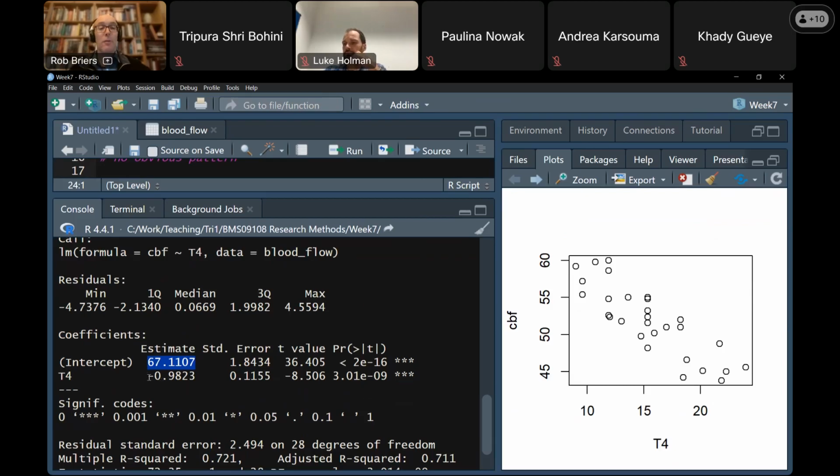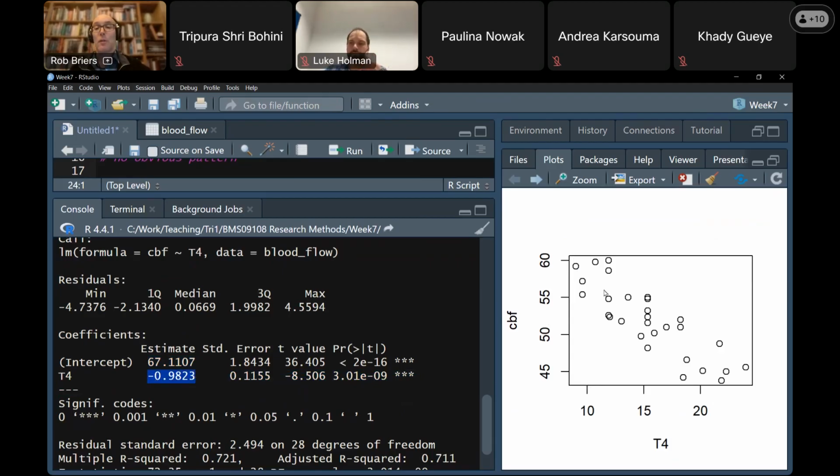And this value is basically how much change in the cerebral blood flow is there for a 1 unit change in our T4 levels. So basically, if our T4 levels went up from 10 to 11, our cerebral blood flow would go down by 0.98 here.